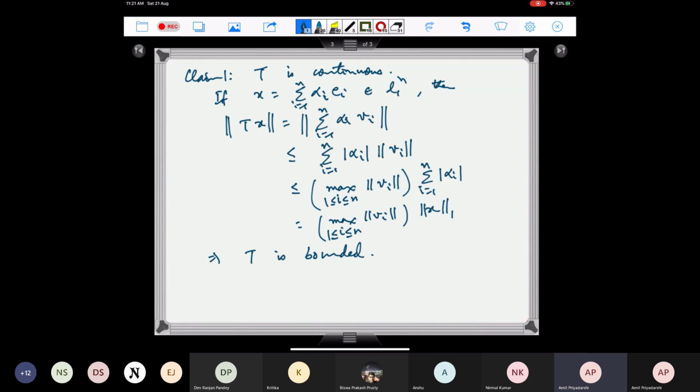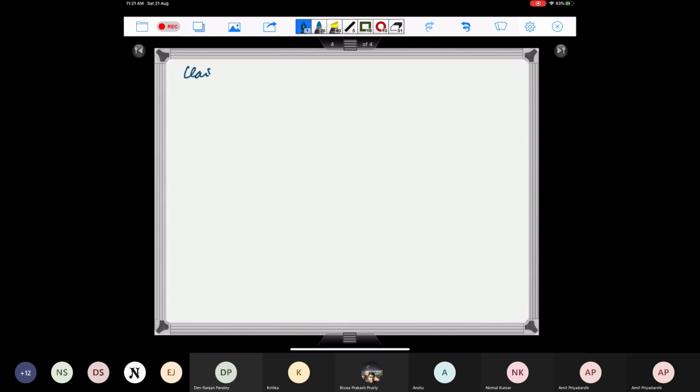This is claim 1. Next we will show that T inverse is also continuous. We'll prove this by contradiction.